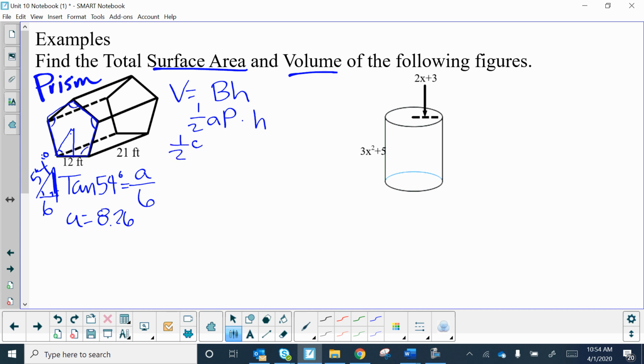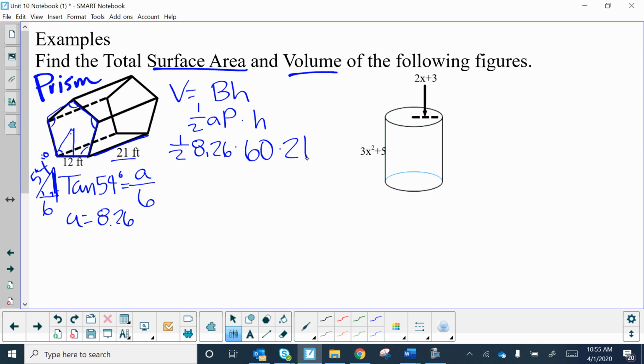1/2 times 8.26 times the perimeter. What's 5 times 12? Perimeter of the base, that is. So that's 60 times the height. Remember, the height goes from base to base. So that's 21. Actually, I still have the long number for the apothem, so I'm going to leave that long number in my calculator. I'm going to times it by 60, times 21, and then half of that, divided by 2.